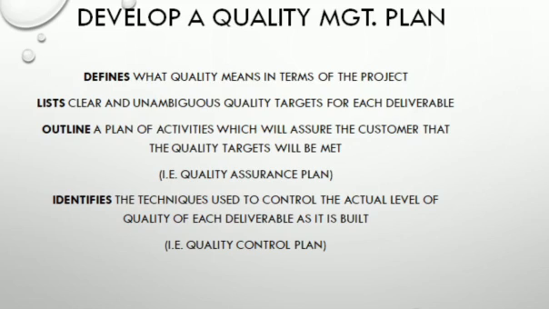Then you list out ways or plans that you are going to use to achieve this quality, which is trying to assure him that you can meet the desired quality, and that's what they call quality assurance. Then quality control is talking about setting up standards that you are going to use to make sure the quality that is desired is met.